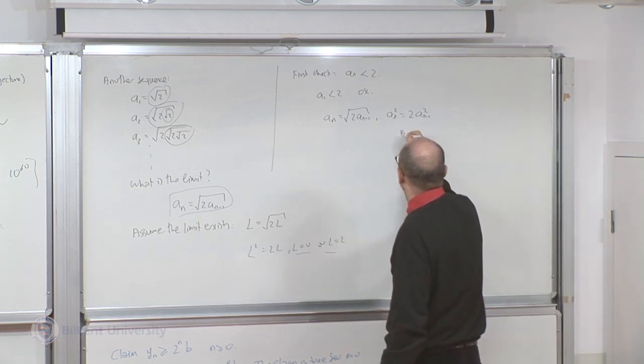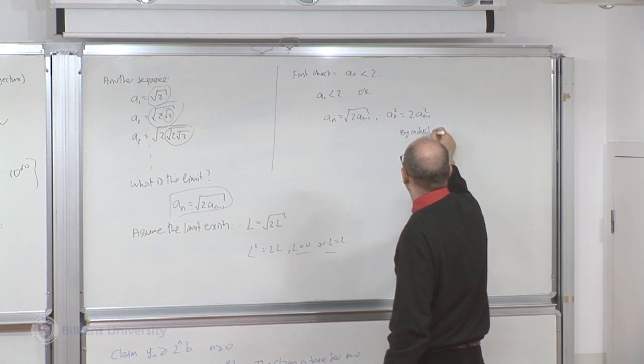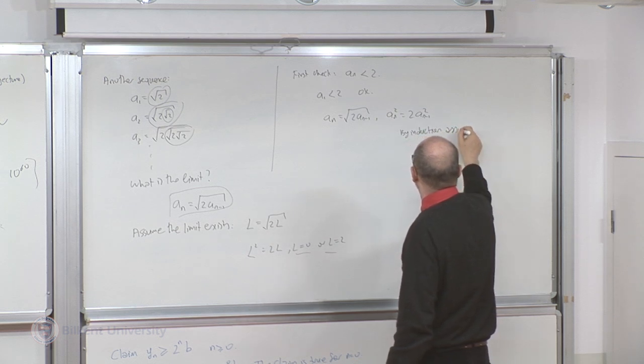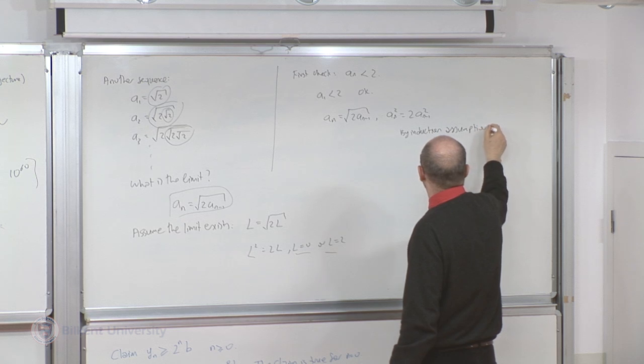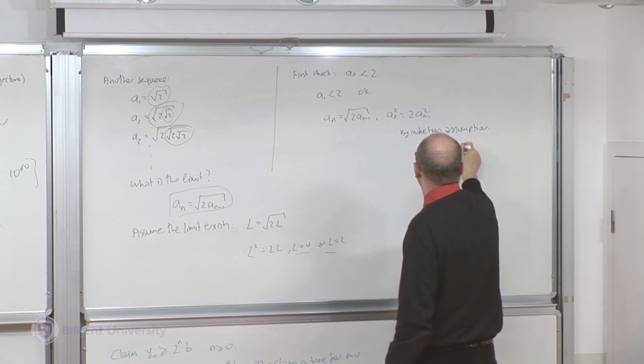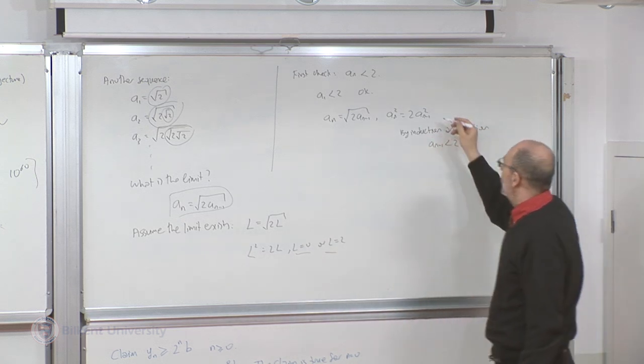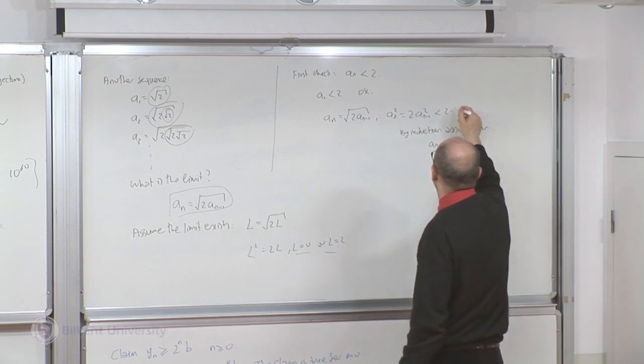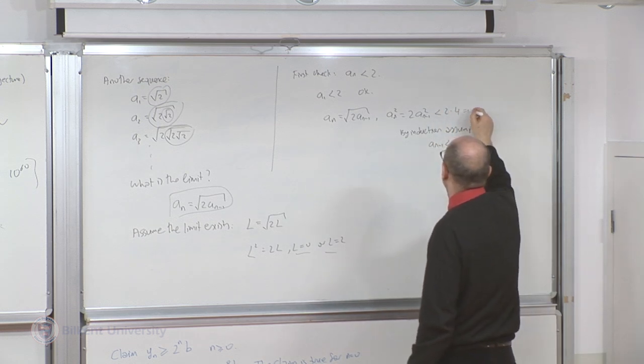Assume by induction assumption a_(n-1) is strictly less than 2. So this is less than 2 times 2, so this is 4.